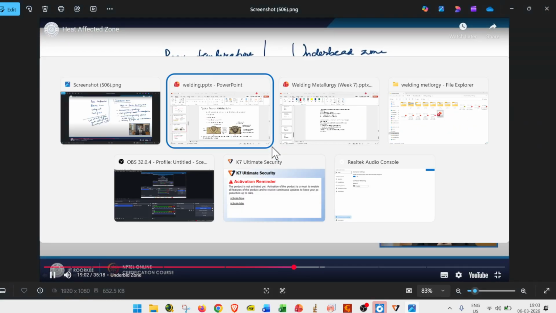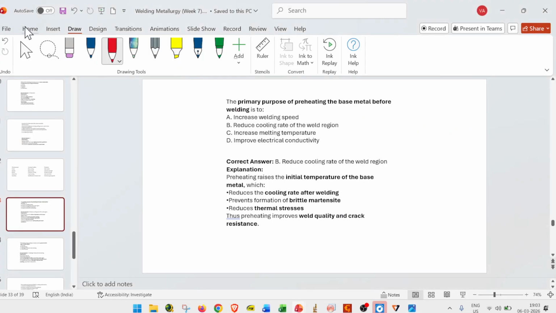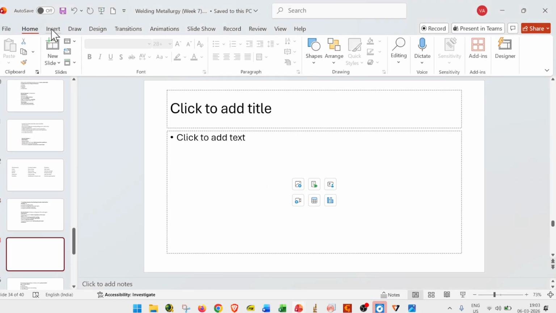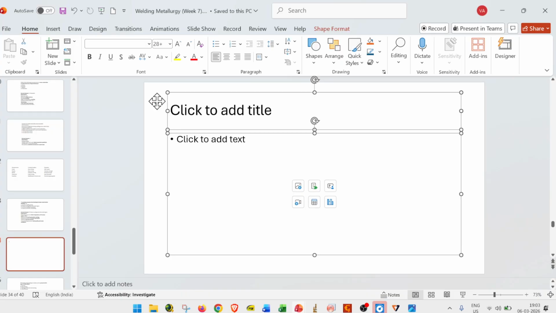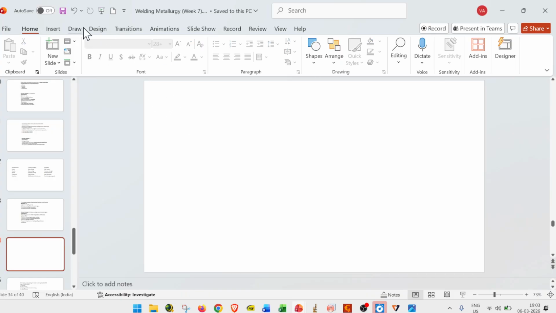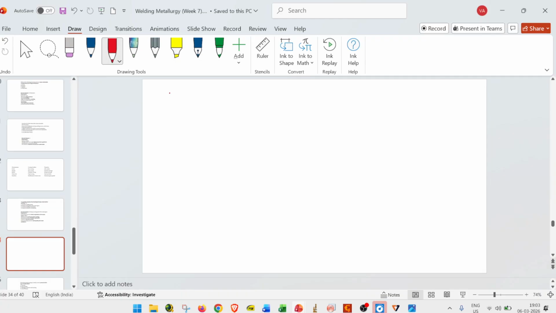So we can plot a graph of that here. The y-axis is temperature, the x-axis is time.